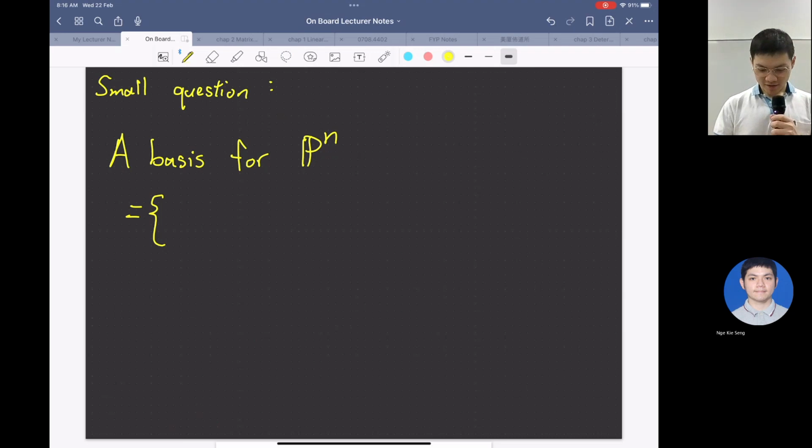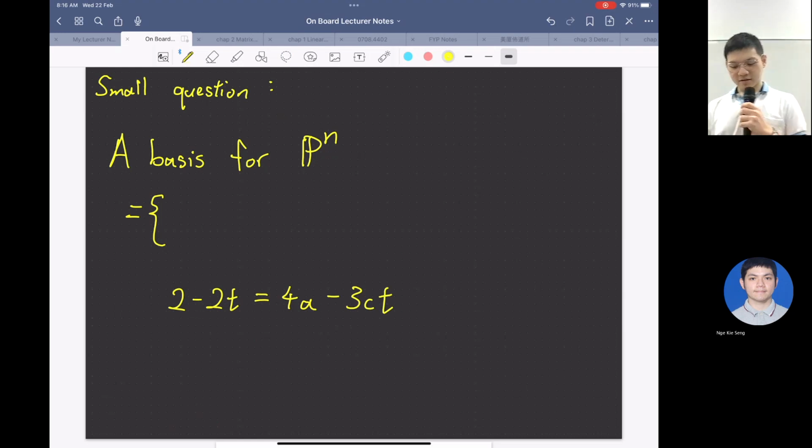For example, minus 2t equals something like that.